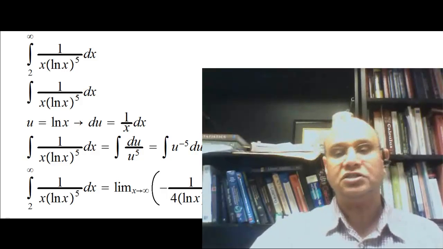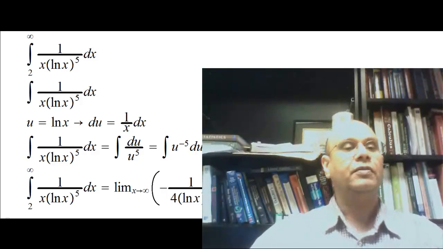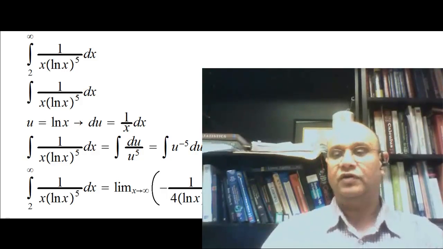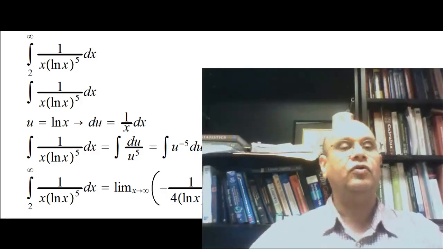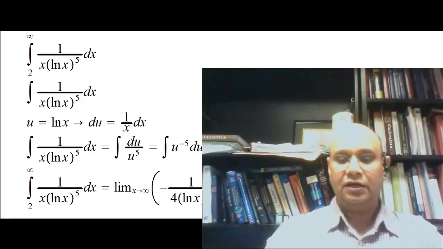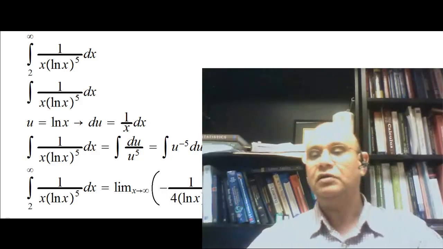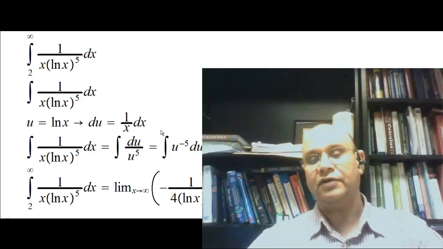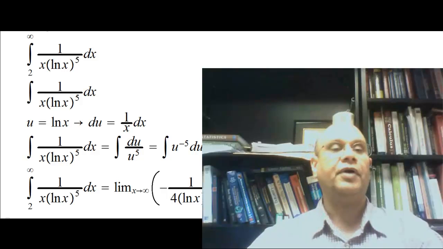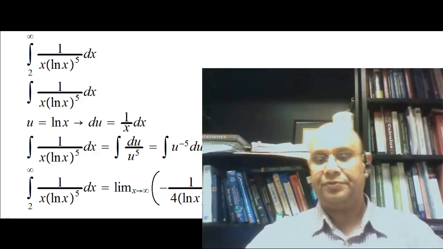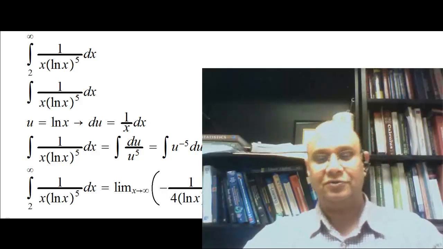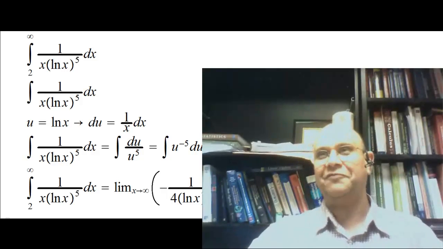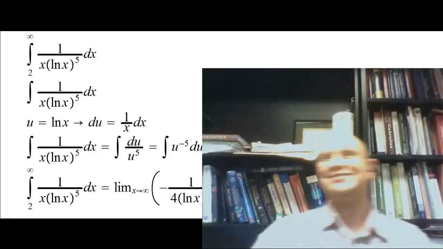So we will just substitute what? Negative 1 over, what's that? x is 2, right? So 4 times what? ln of x is 2, right? To the power 4, oops. Why am I doing that?